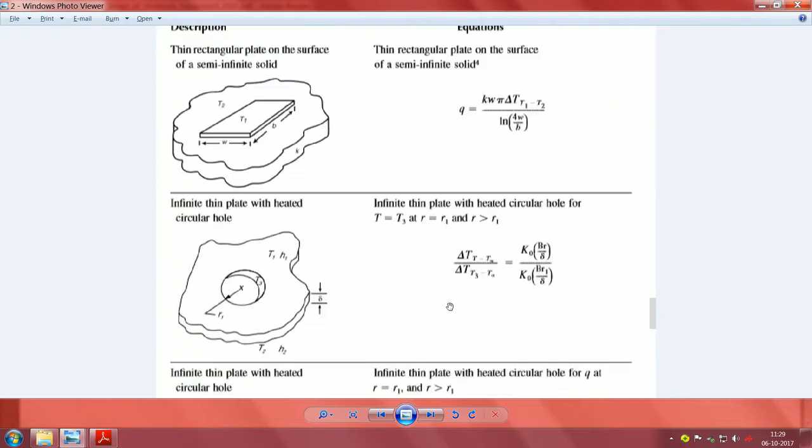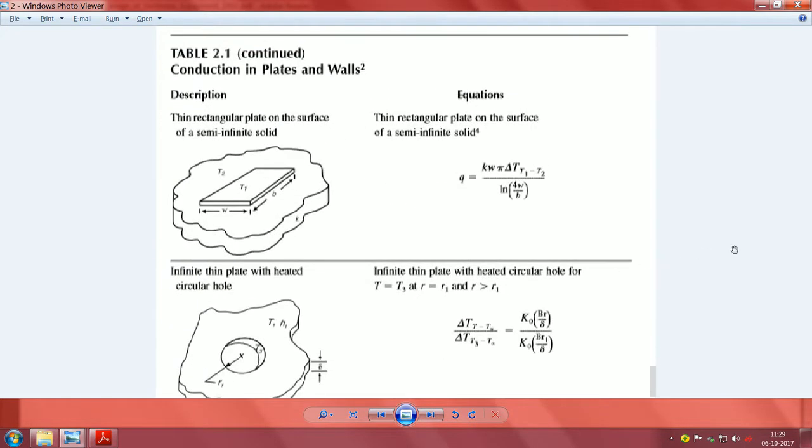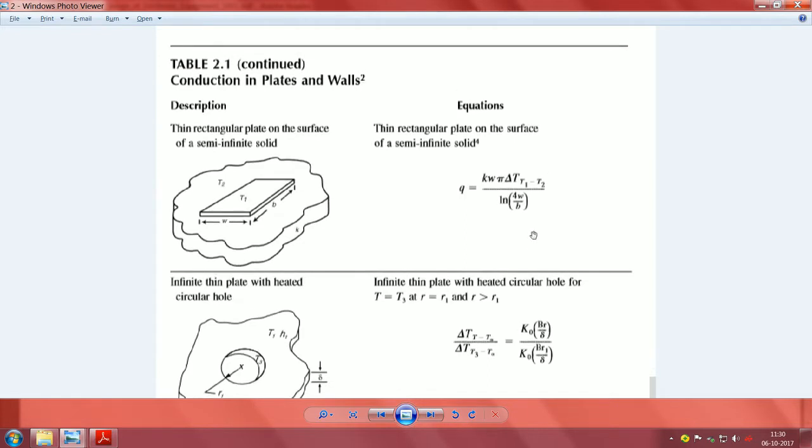Similarly, yesterday I was showing you this. So, very simple equations about the semi-infinite solid. When there is a semi-infinite solid, meaning after a little while there is no further temperature gradient.